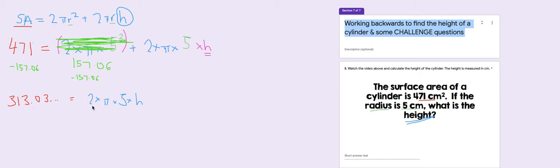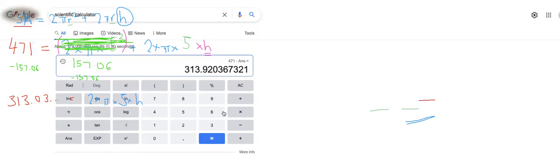Now, we've got to work out what 2 times pi times 5 is. So we'll go to our calculator. Oh, I need to save this. 313.92, I'm just going to copy paste that.